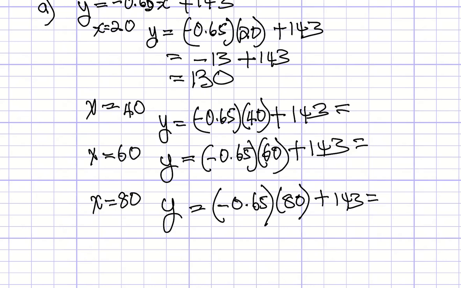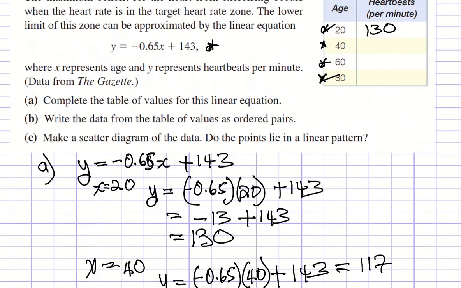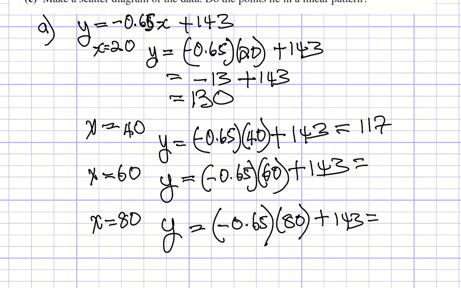143 minus 143, you get 117, okay? I want to see if there's a pattern now. Well, I think a pattern is developing. All right, 0.65 times 60. Okay, the larger the x value, it decreases.